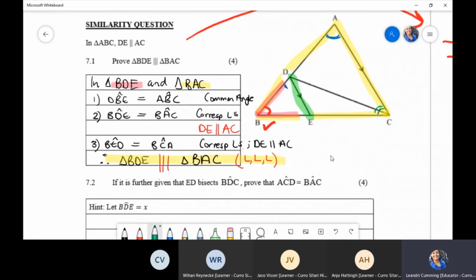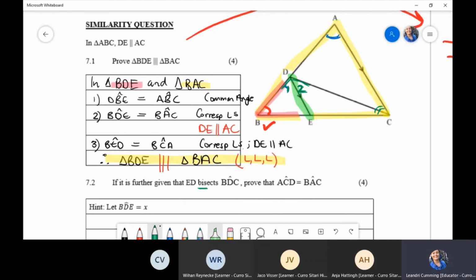Bisect means that it cuts the angle in two equal measures. It cuts it in half. So this line is bisecting angle BDC, which results in angle D1 there and angle D2. I'm just putting a little number in there to understand where the angle is. Those two would be the same measure.